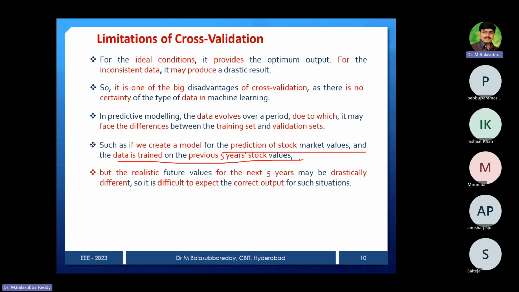In the next 5 years, something drastically different may happen. If you want to predict after 10 years based on the past 5 years of data, that will lead to difficulty in model correction. That is the major disadvantage of this prediction.